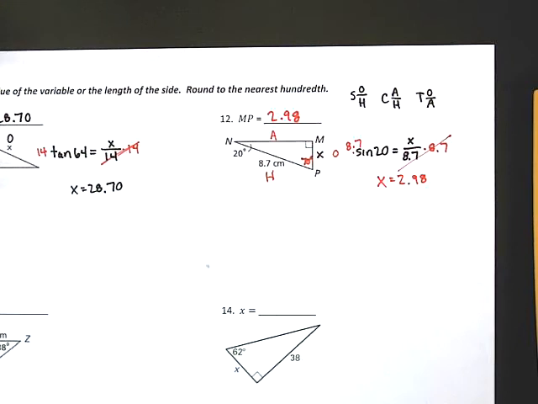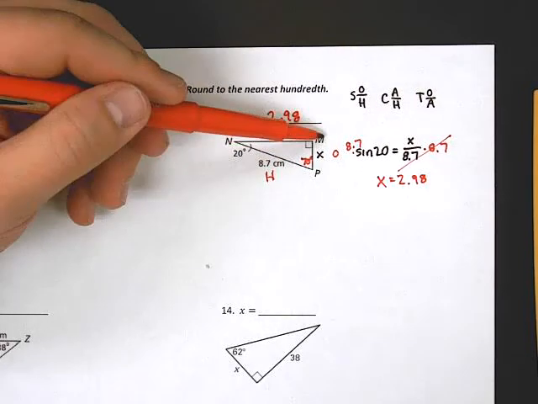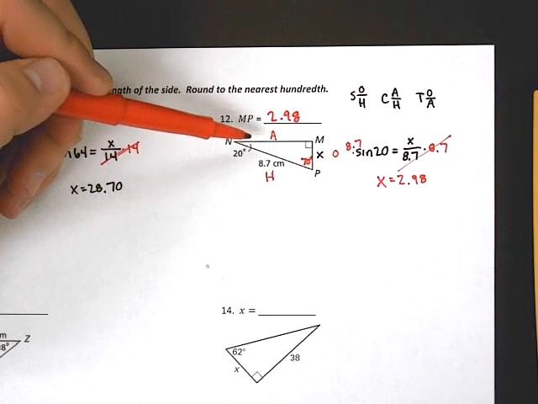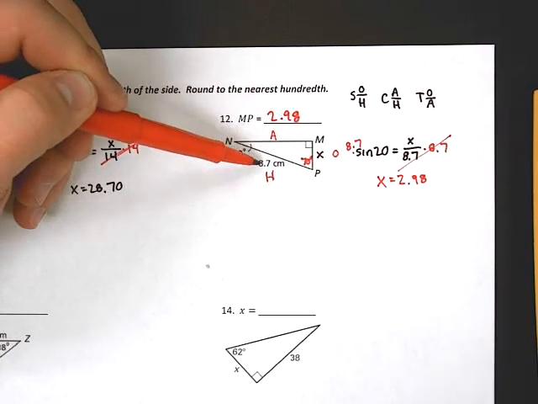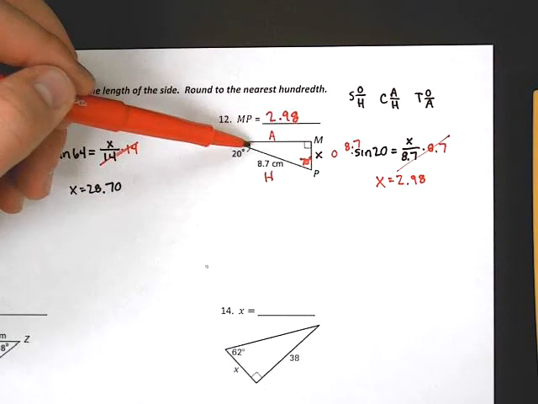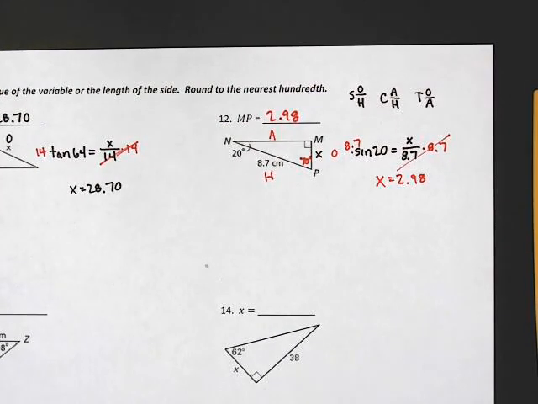And so we should know that the sides should go in order. So because this 90-degree angle is across from the 8.7, it makes sense that the side that's across from 20 is much, much less than the 8.7, right? Because 90 is bigger than 20. If you don't get that, you might want to recheck and see what happened. All right, let's do a couple more.